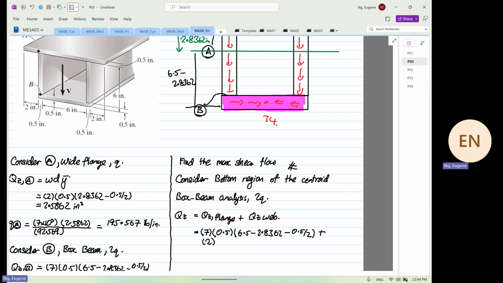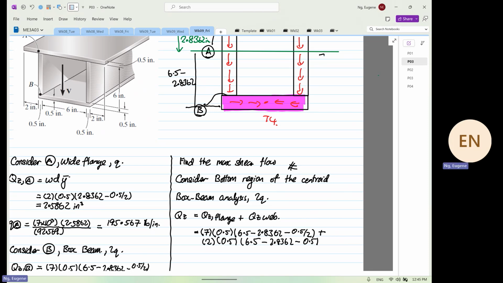We have to declare that it is a box beam analysis, and we know that we have to use 2Q. The left and right is the 2 over there. The width comes first, the width is 0.5. The depth will be 6.5 minus 2.8362 minus 0.5.